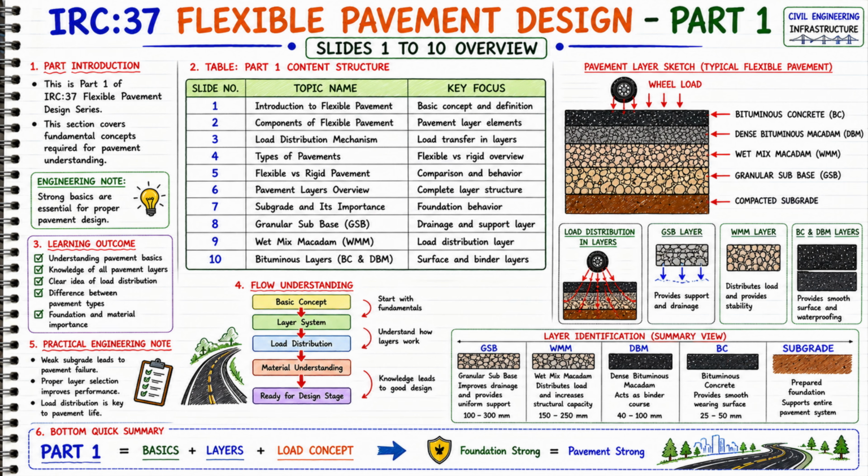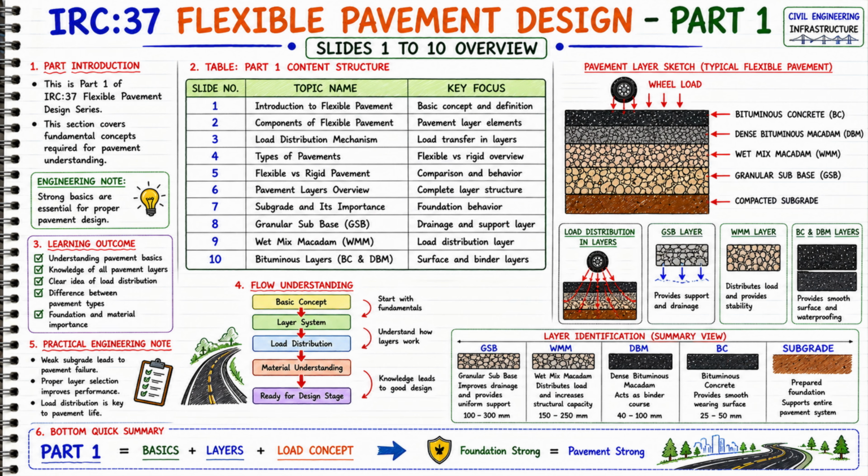Section 2. Content Structure. Now a table is given in the middle in which the complete structure from slide 1 to slide 10 is given. Now let us understand this one by one. In Slide 1 we will understand Introduction to Flexible Pavement, i.e., its basic concept and definition.